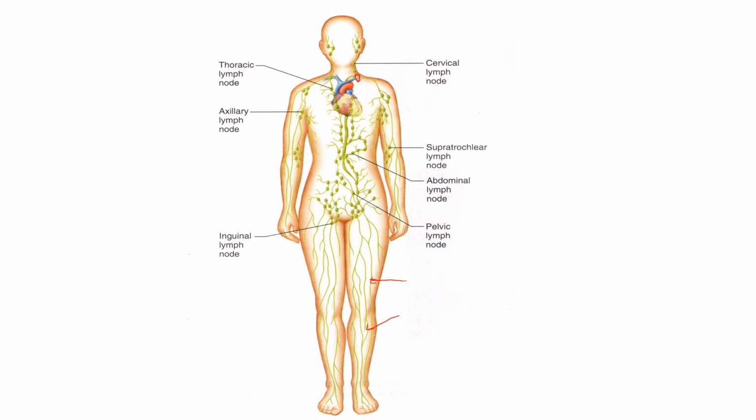In the thoracic duct, the lymph leads back into the left subclavian vein, and over in the right subclavian vein, the right thoracic duct empties its lymphatic fluid into this right lymphatic duct.